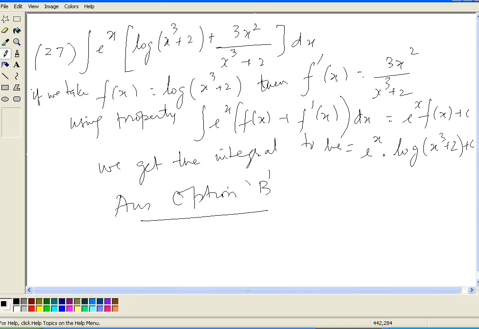Using the property integral e power x of f of x plus f dash of x dx is equal to e power x f of x plus c, we get the integral to be equal to e power x into log of x cube plus 2 plus c. So the answer is option B.